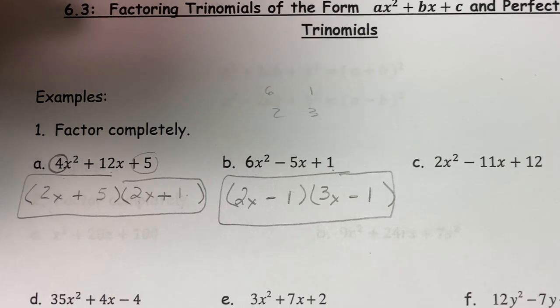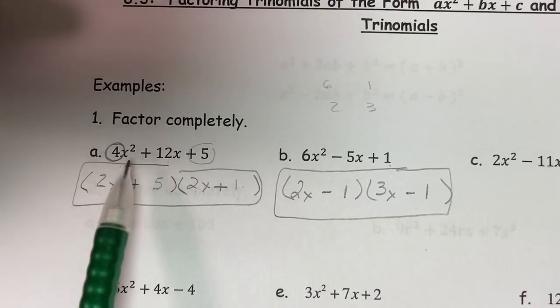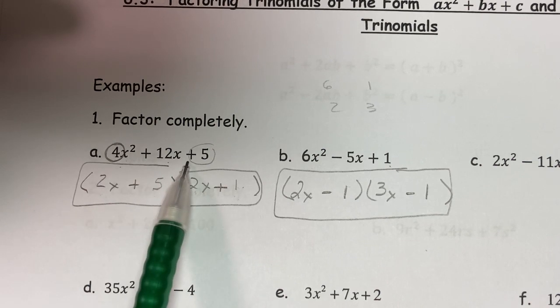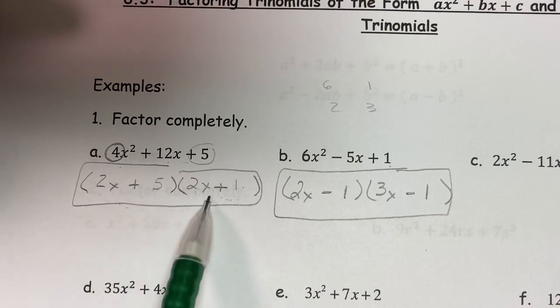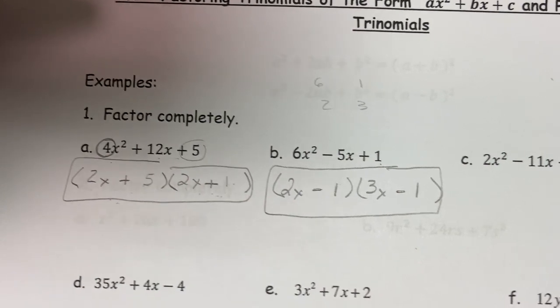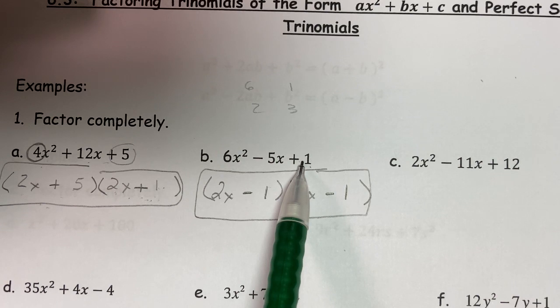Something that might help you to think of the signs: first of all, if all the signs are positive in your original polynomial, then you're going to have both positive signs in your binomials after you've factored. If the last sign is positive, another way to think about it is that means both signs have to be the same.